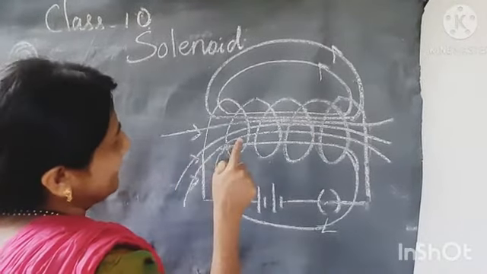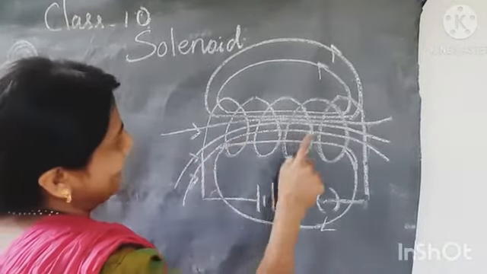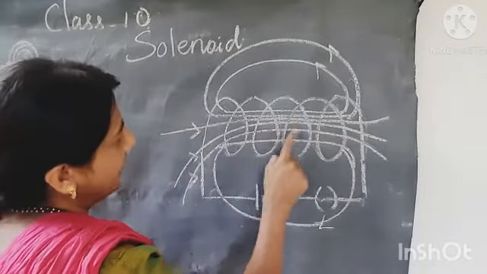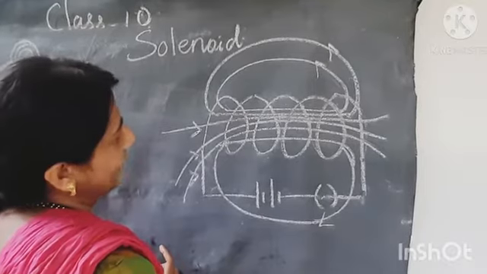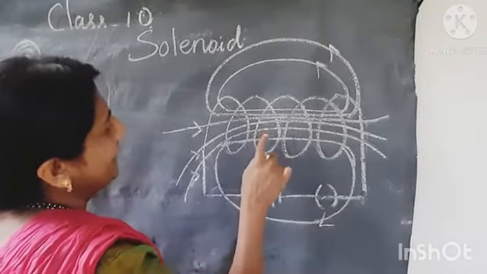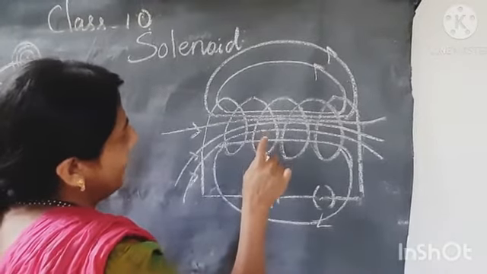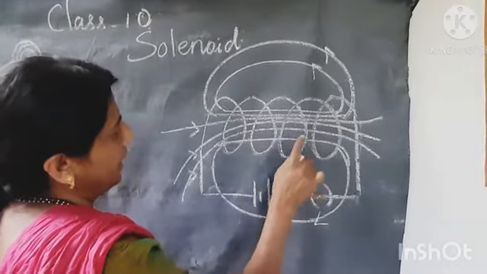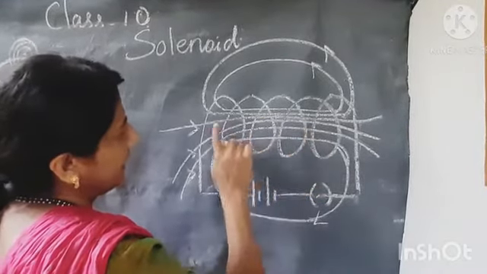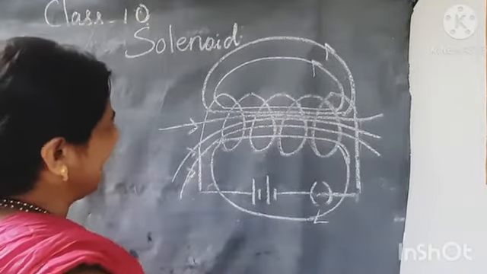But in a solenoid, at the center, they are in the form of straight lines. It shows that inside the solenoid, the magnetic field is uniform at each point.